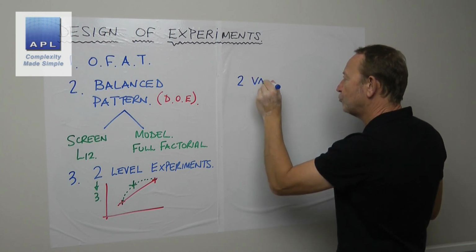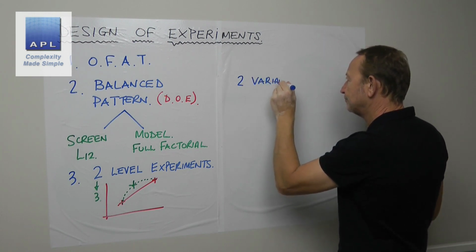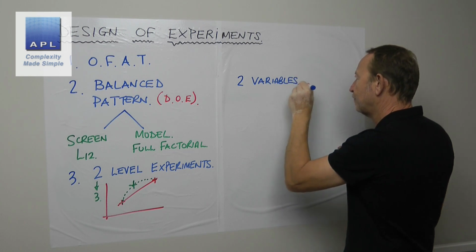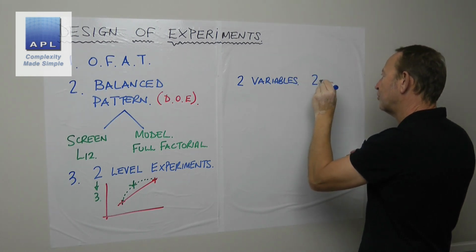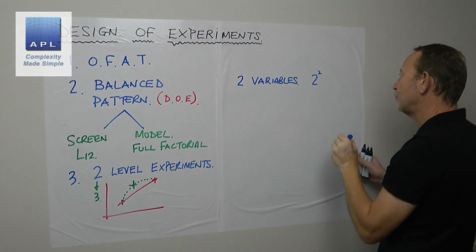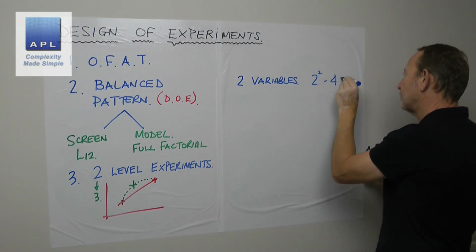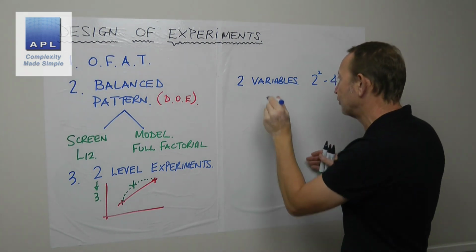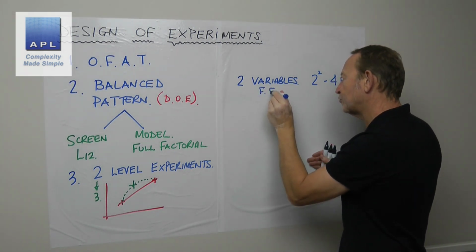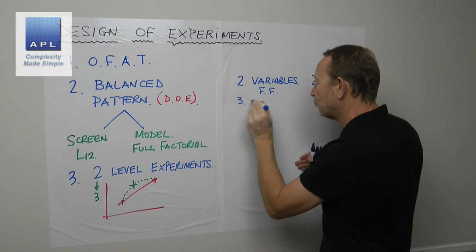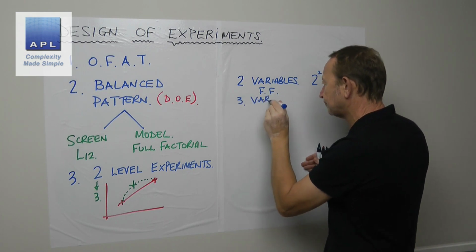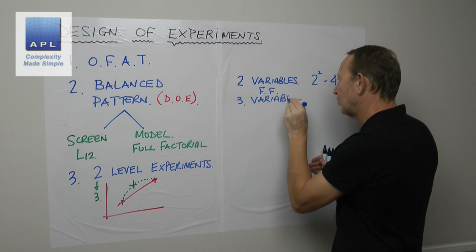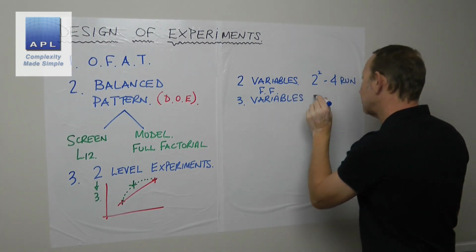If you have 2 variables, we will do a 2-level, 2-factor, 4-run experiment, a full factorial. If you have 3 variables, we'll double that first experiment up.